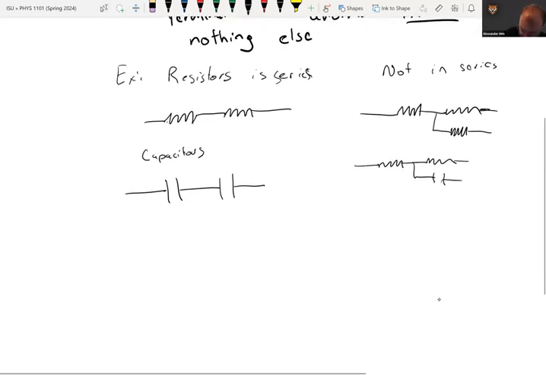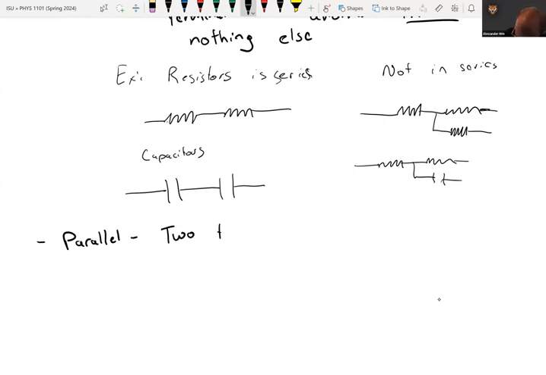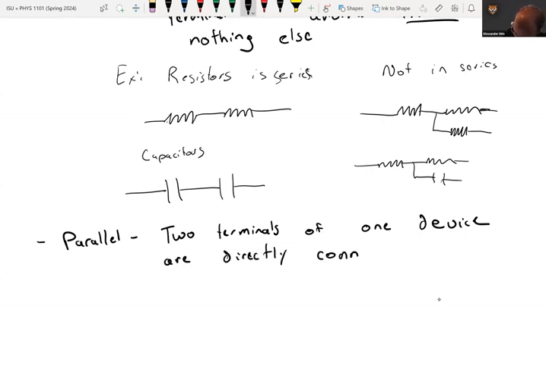So next thing I want to talk about is parallel. And for parallel, what we have here is that the two terminals of one device are directly connected to the two terminals of another.